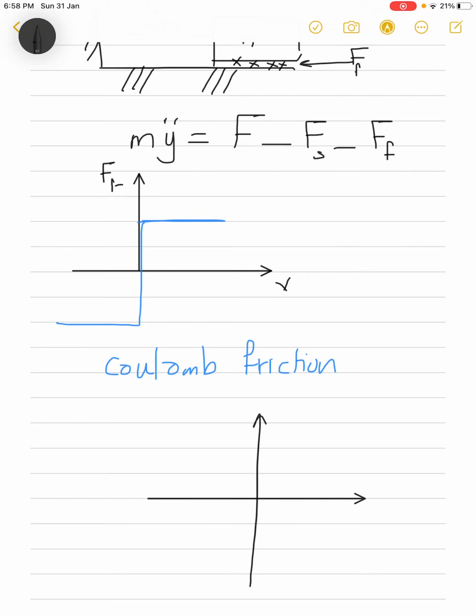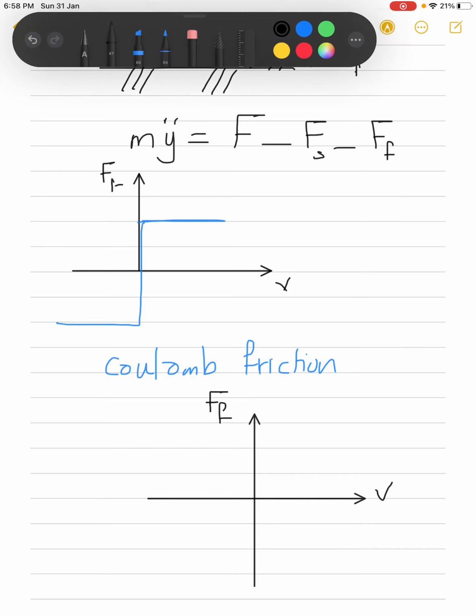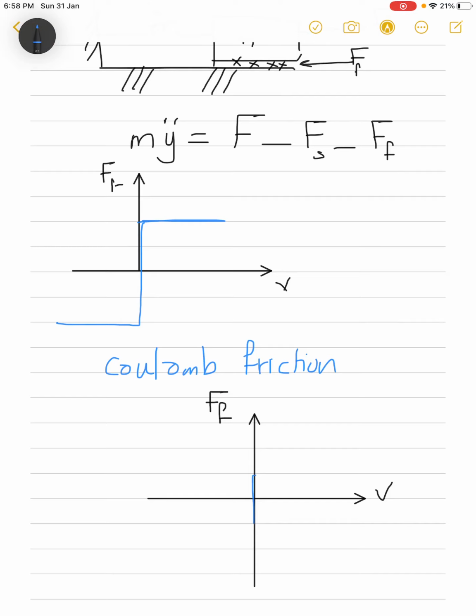Again, the horizontal axis would be the velocity, and the friction force would be on the vertical axis, and in that case it would be something like this.